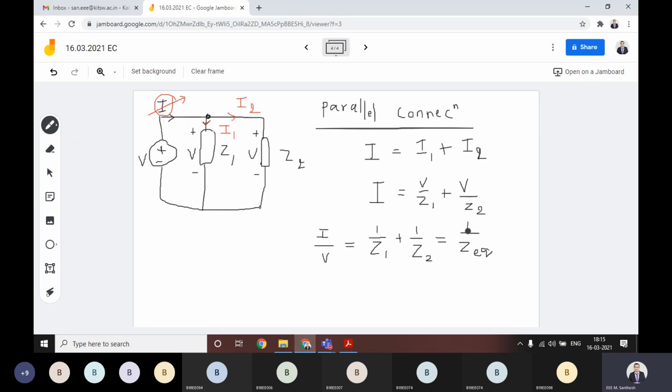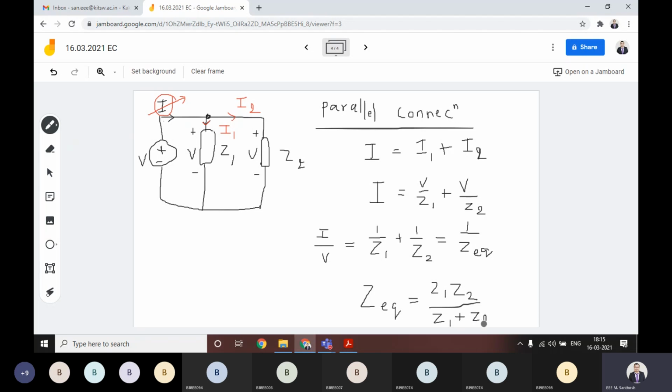If you want to calculate Z equivalent, it is Z1 into Z2 by Z1 plus Z2. I hope this is the equivalent case in case of parallel. You know this.